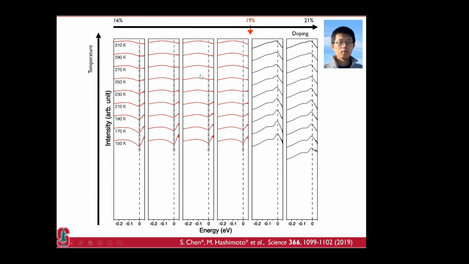So all these appear to be one class, and these appear to be another class. That's a qualitatively different thing. This suppression happens certainly at a temperature of 200 Kelvin or even higher, which you can see on this side. That's the difference.